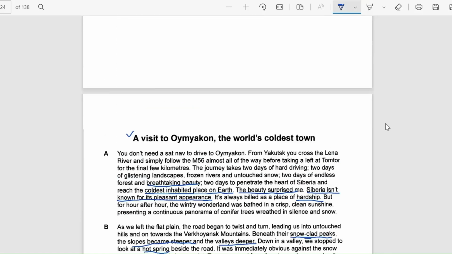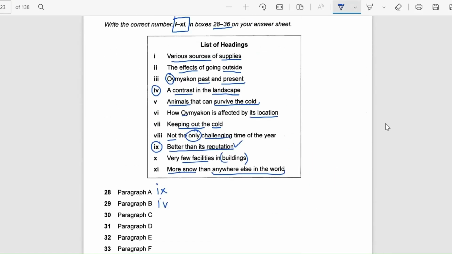And you remember we just discussed this point, and this quickly gets me to point 2, where we have talked about how the weather affected when the person moved outside, right? So the effects of going outside, the only option that I could relate to when I read this paragraph was number 2, because the whole paragraph is talking about what was the impact of stepping out of the car.